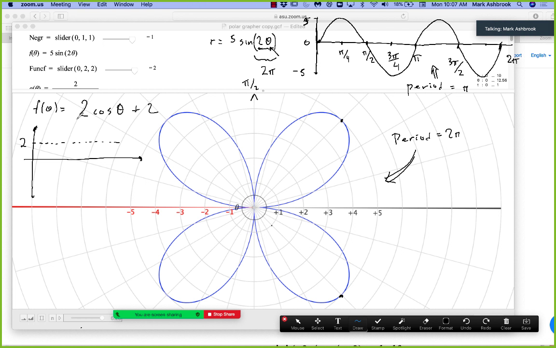So our amplitude is 2. Our midline is 2. That makes the minimum what? Minimum would be 0, and the maximum would be 4, right? So 2 up from the midline, 2 down from the midline means 0 to 4. Cosine starts at the max, goes to the midline, down to the min, back to the midline, up to the max.